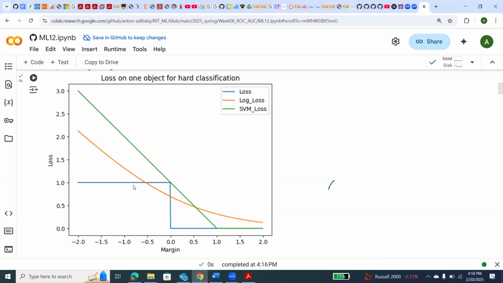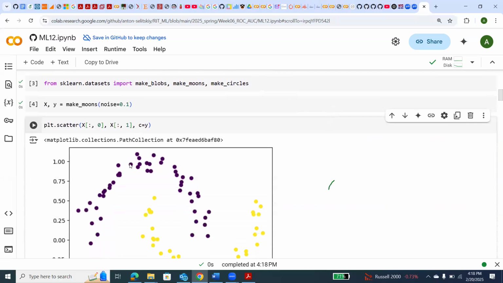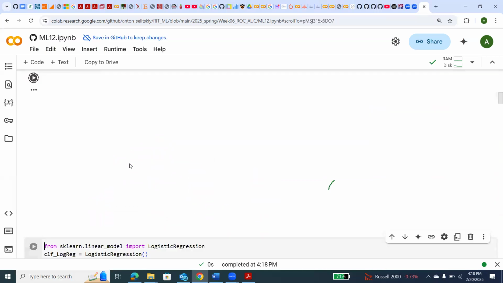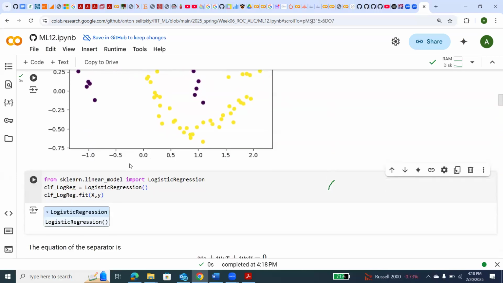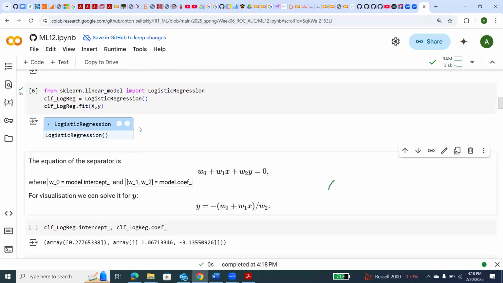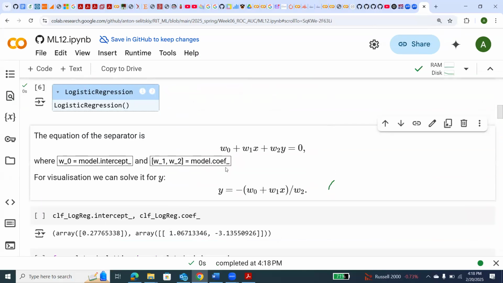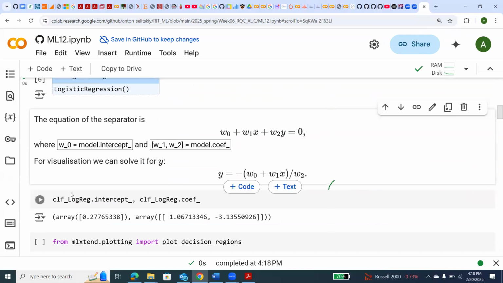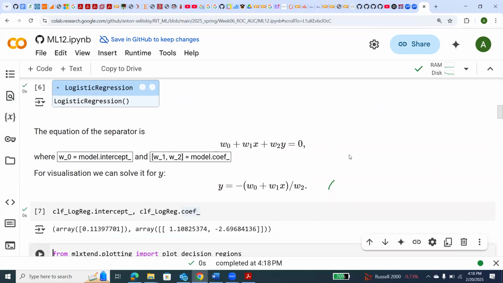For now, let's just classify. This data set is called noisy moons, and this is a non-separable case. We fit just logistic regression, and logistic regression has parameters intercept and coefs. So to plot the decision boundary, I can solve this equation for y.